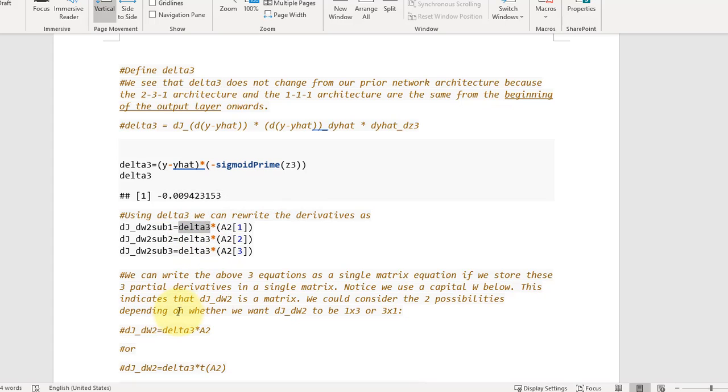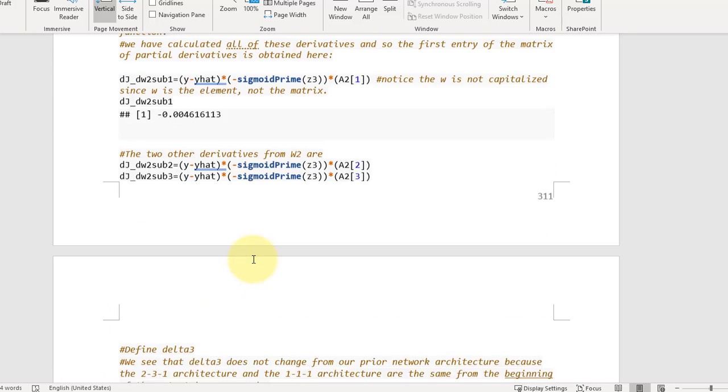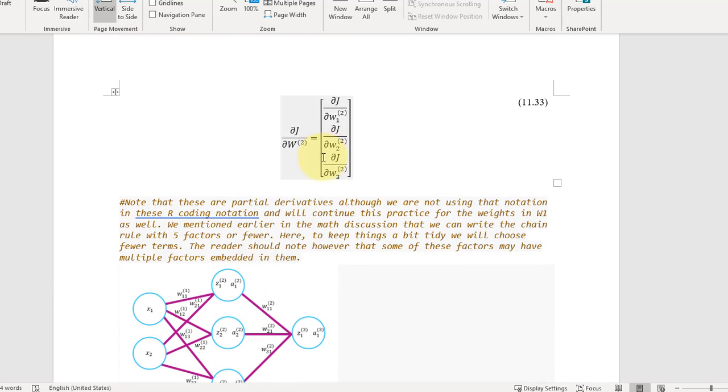So if we want to make a matrix, now notice the notation here. This is capital W, and there's no sub here because we're talking about the whole W2, and we're making this, which is partial of J with respect to W2. So it's a whole matrix, and it has these pieces.